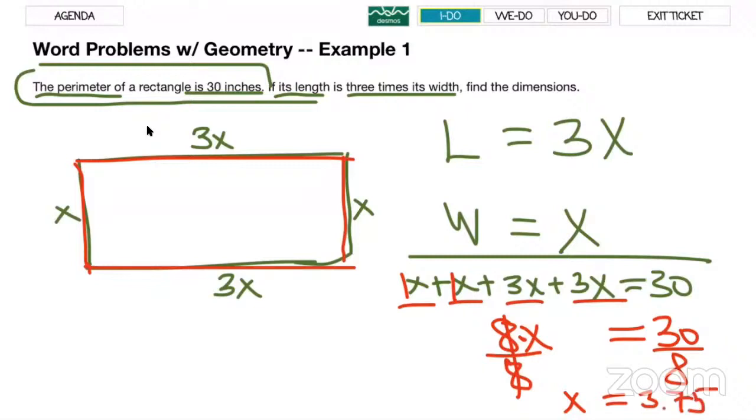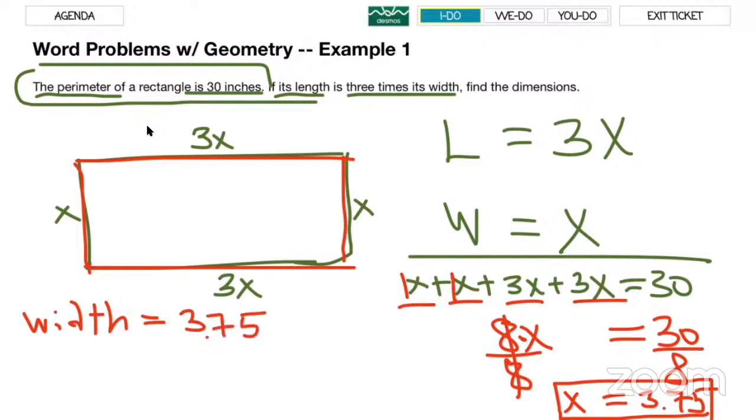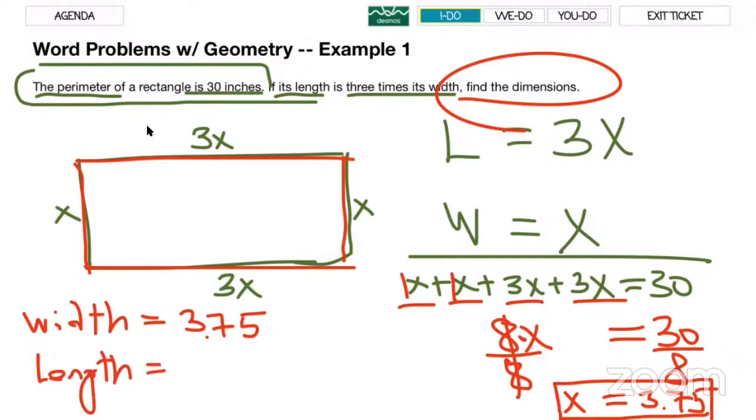So this is x, and x is the width of the rectangle. So that's why the width would become 3.75, because the question is to find the dimensions. And the length will be 3 times x, okay, right here.